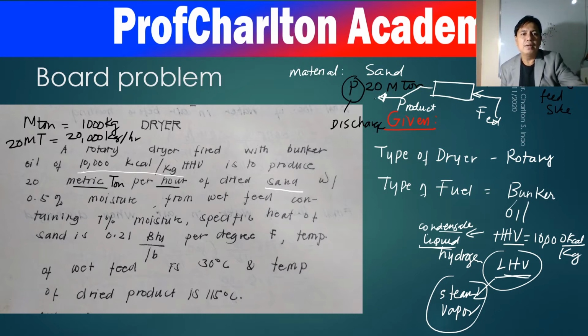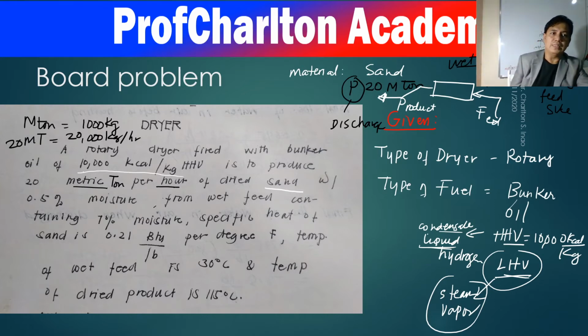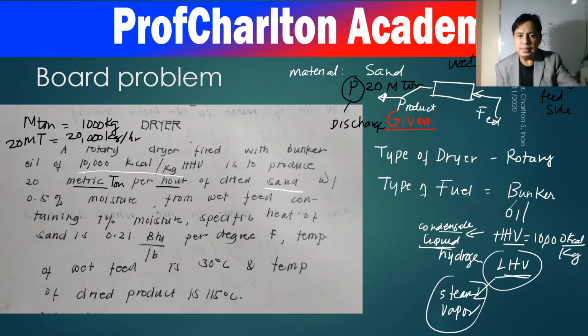So here we have P, but we don't have F. What can you say about the relation of P and F? For sure, F is greater than P, because the feed is wet. Being wet, it's heavier, it has more mass flow. So F is greater than P, but here only P is given.